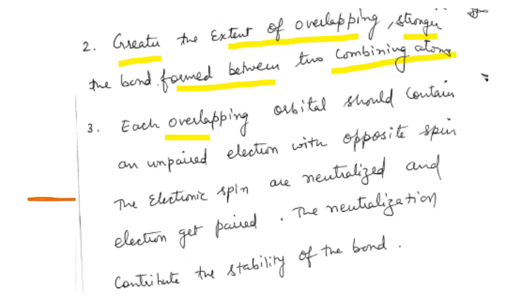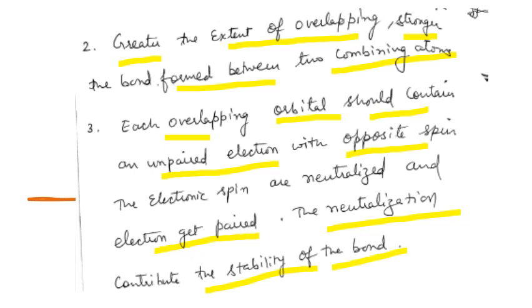Each of the overlapping orbitals should contain at least one unpaired electron. This is again an important feature of the VBT, meaning the overlapping orbital should contain at least one unpaired electron with the opposite spin, so that when it forms the bond with another orbital, the electrons get paired, and the neutralization contributes to the stability of the bond.